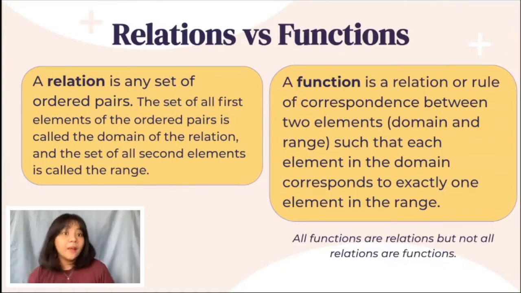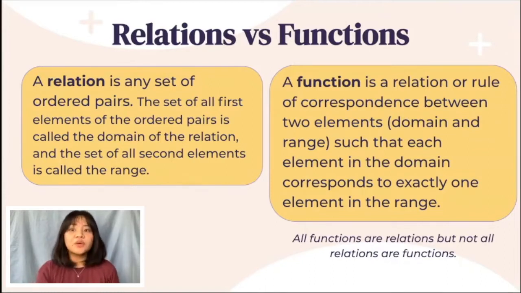So meron kang domain, meron kang range, such that each element in the domain corresponds to exactly one element in the range, or tinatawag nating one-to-one correspondence. So we say that all functions are relations, but not all relations are functions. Kasi nga, by definition, a function is a relation.